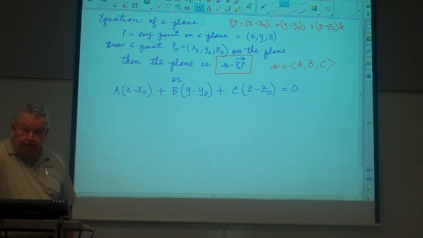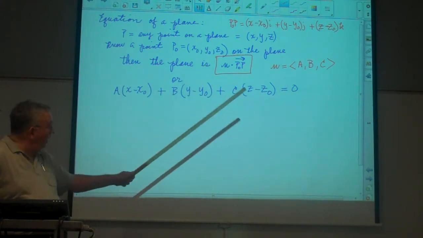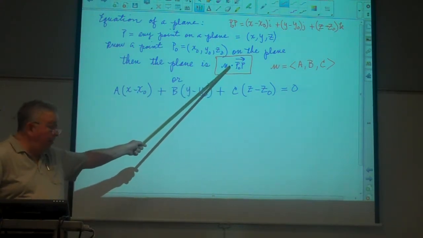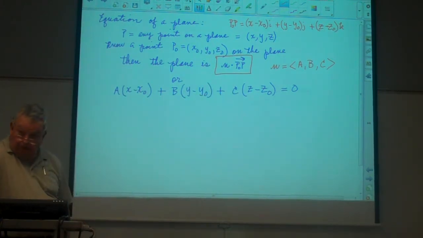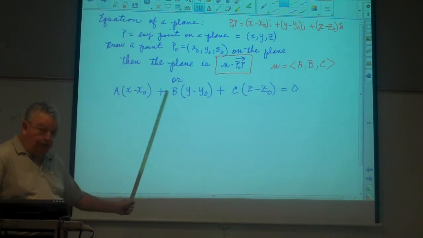Does everybody agree? So now when I do the dot product, isn't the dot product first times first, second times second, third times third? And isn't that what I've just done?